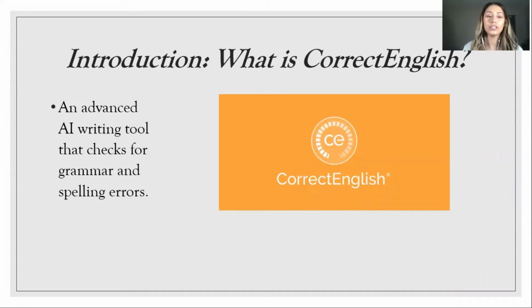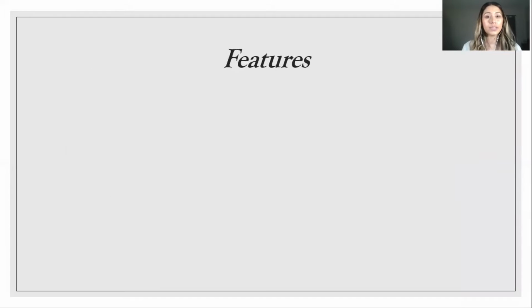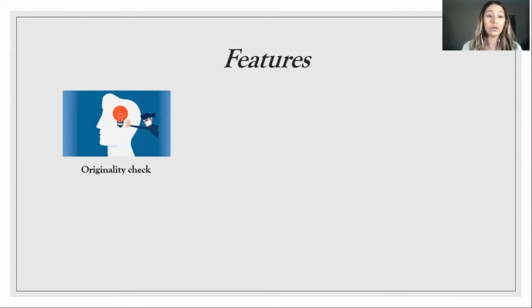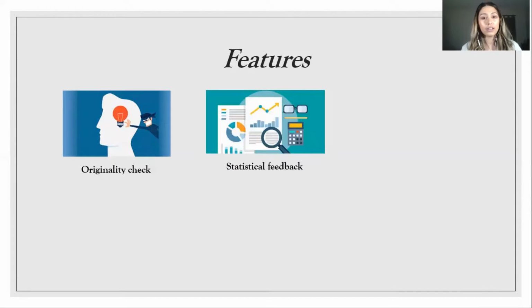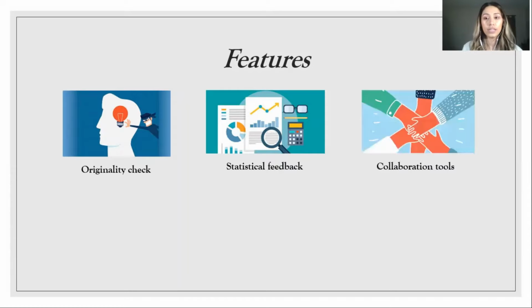Well, Correct English is an advanced AI writing tool that allows a user to check for any grammar issues or spelling errors. Some of the features include originality check, so it checks if your paper is plagiarizing. It also gives you statistical feedback, so it gives you a percentage of how many grammar errors you have.